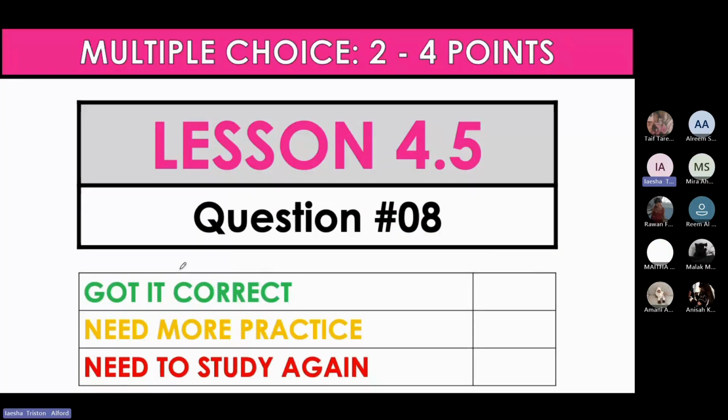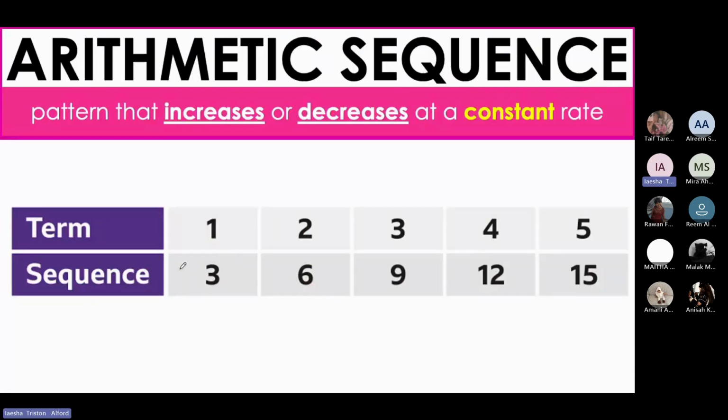We're almost done. 4.5, question number 8. We did this one in class, just a review. This is about the arithmetic sequence. Remember, a sequence is a pattern, and arithmetic means increase or decrease at a constant rate. What do we mean by constant rate?